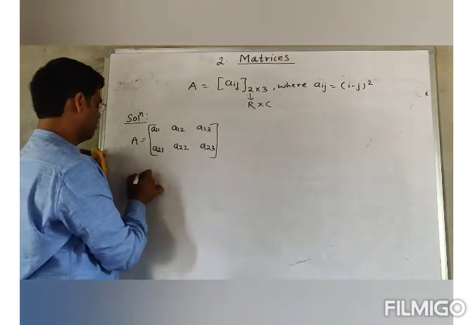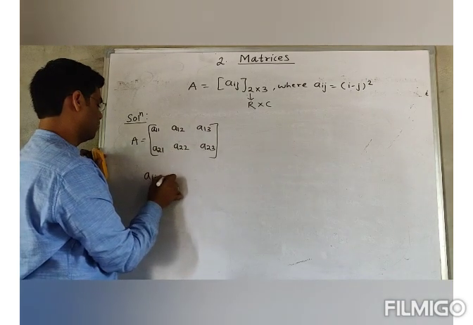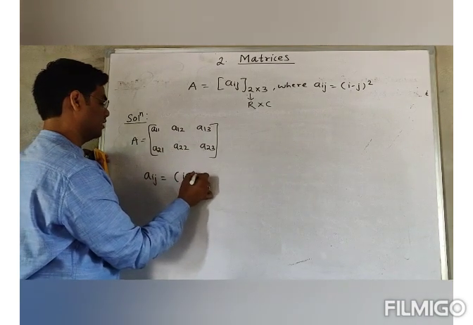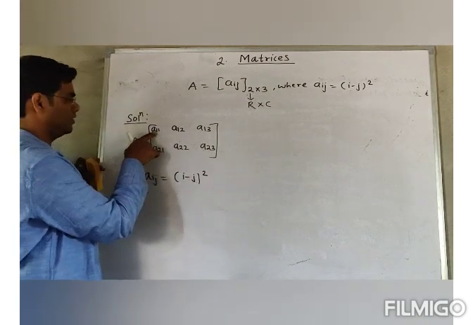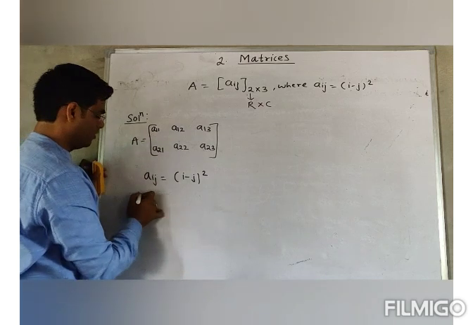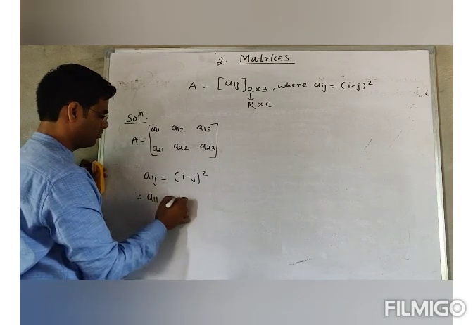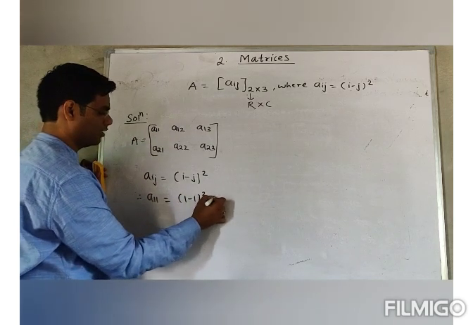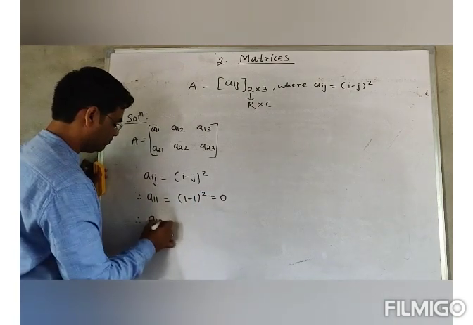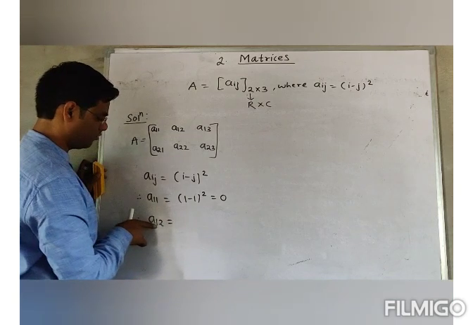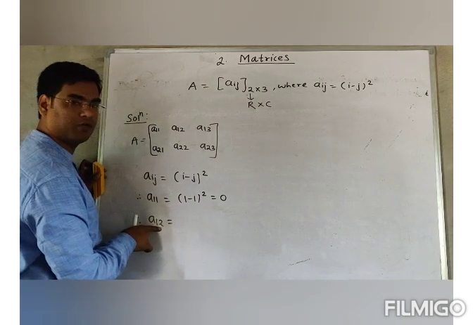Now let us find the elements. We are given Aij equal to (i minus j) the whole square. Now to find A11, we replace i and j by 1 and 1. So A11 equals (1 minus 1) the whole square, that is 0. Next element is A12. We put i equal to 1 and j equal to 2.